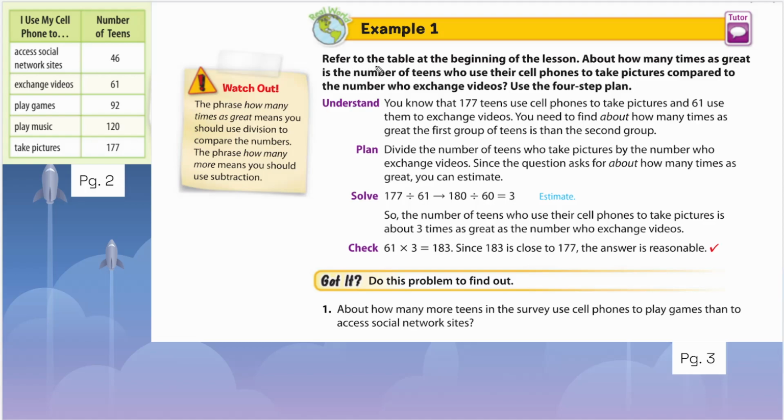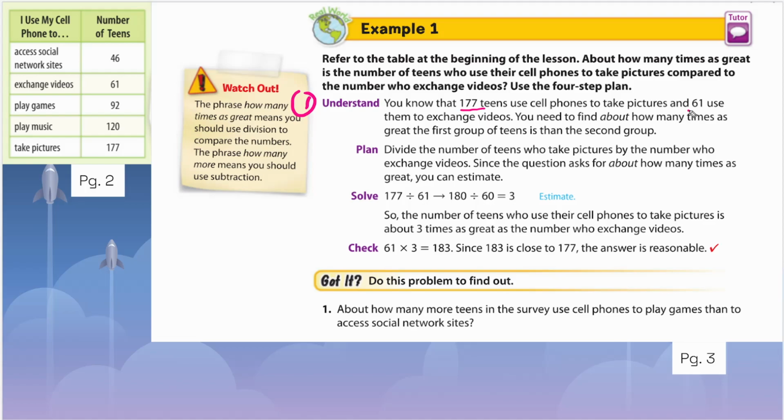So on page 3, refer to the table at the beginning of the lesson on page 2. About how many times as great is the number of teens who use their cell phones to take pictures compared to the number who exchange videos. Use the 4-step plan. So, step number 1, understand. What do you need to know? Well, you need to know the number of teens that use cell phones to take pictures.